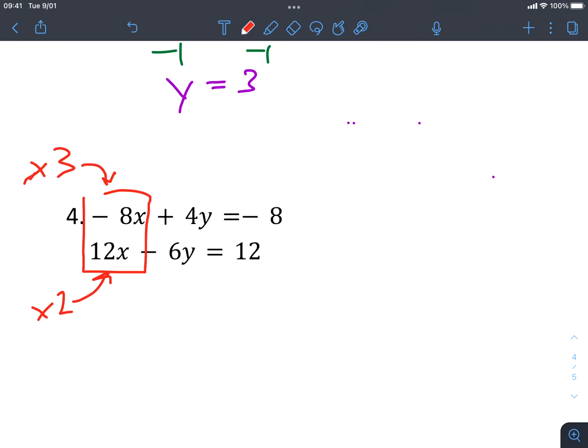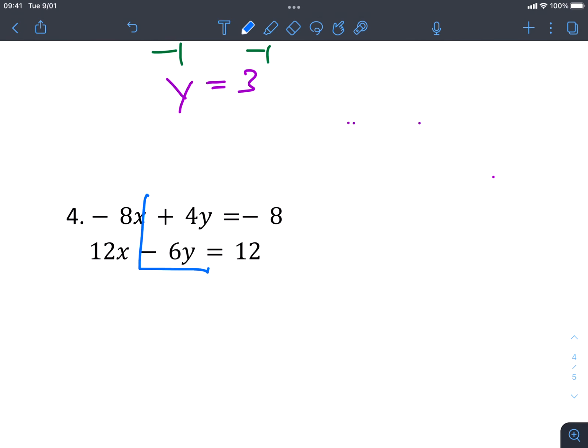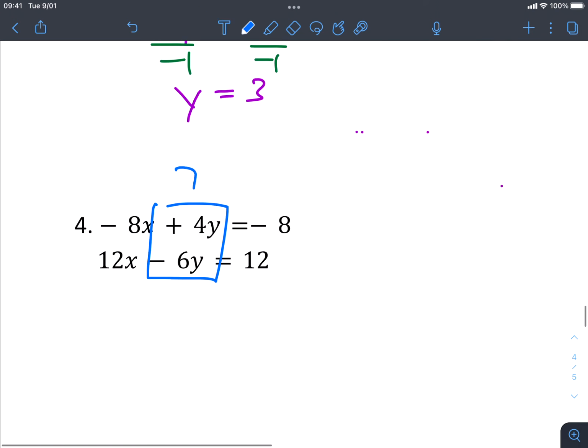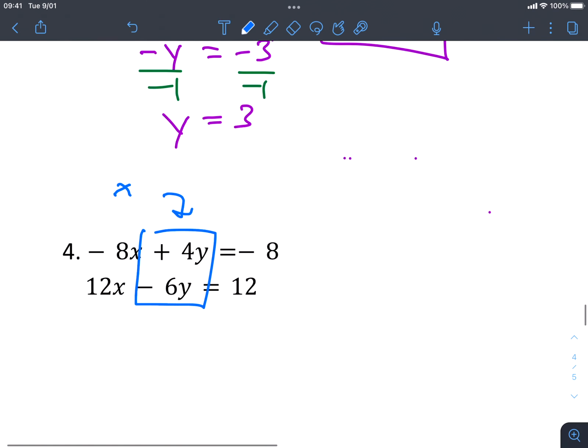But I also want to highlight that if I wanted to cancel the y's, for example, I have 4 and negative 6. Well, 12 could be the least common multiple, so I would multiply the top equation by 3, and the bottom equation by 2 to again get our result.